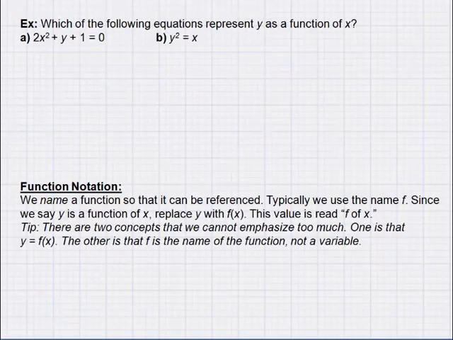Okay, so now you're not always going to see a function represented by the 2 circles set notation that we were just looking at. Most of the time you're going to see functions written as equations. So we have this equation here, 2x squared plus y plus 1 equals 0, or this other equation, y squared equals x.